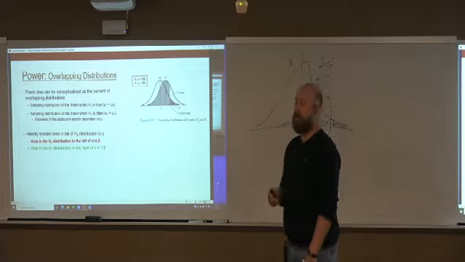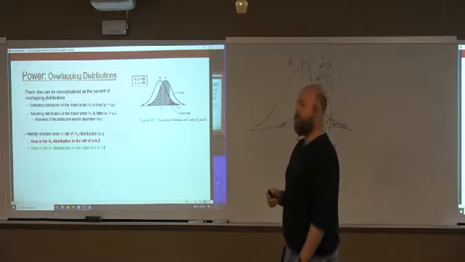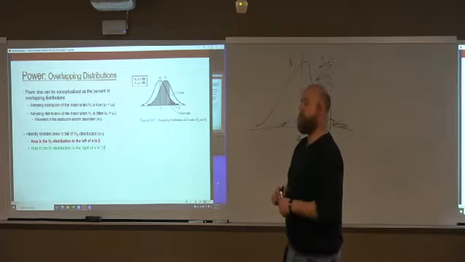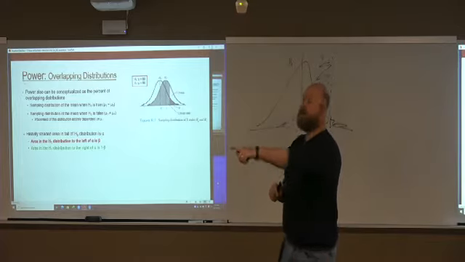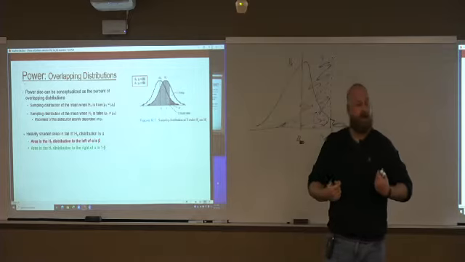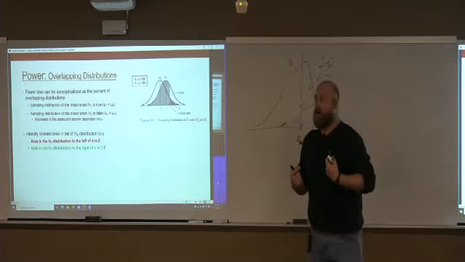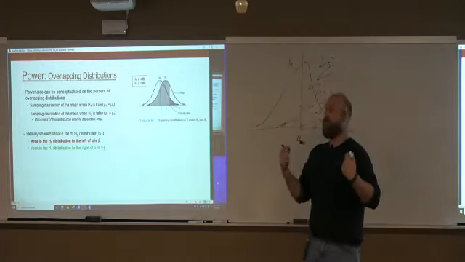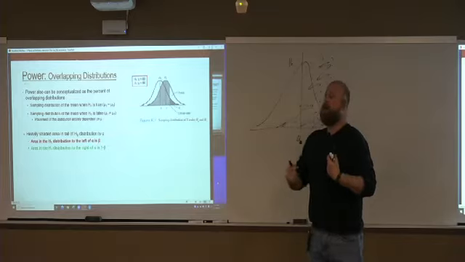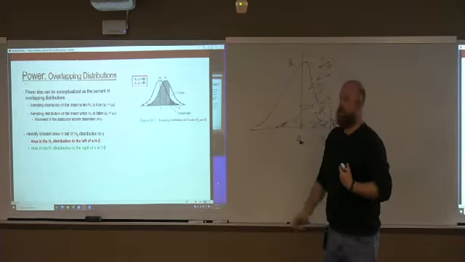I was going to ask, when we conceptualize power in this image, the alpha would always be part of the null distribution, right? Because that's the only thing we're testing with our analyses. With our actual statistical tests, H1 doesn't exist.